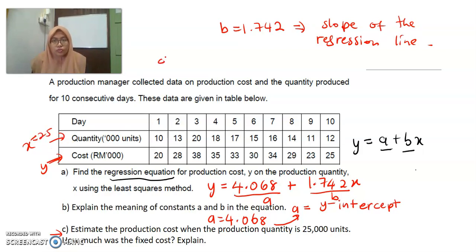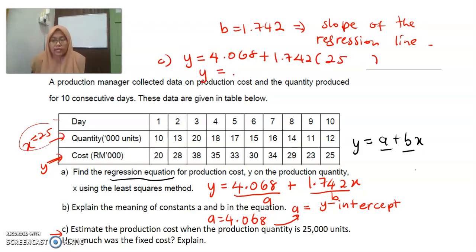Okay, so to find the y value, the equation for y is 4.068 plus 1.742x. So the x here, you must substitute the value of x, 25. So times 25. So from here, you will get the value of y is 47.617.